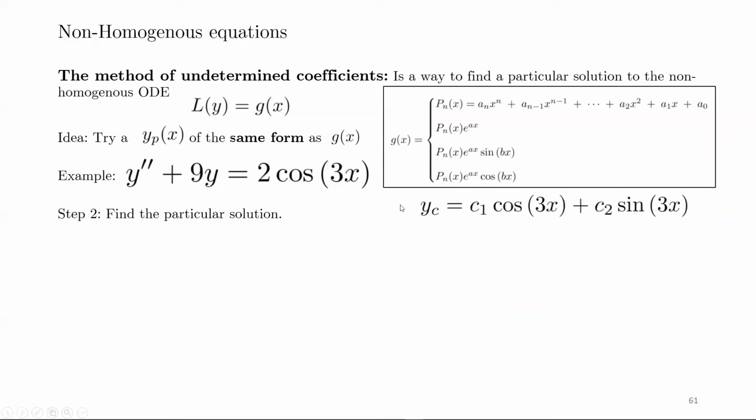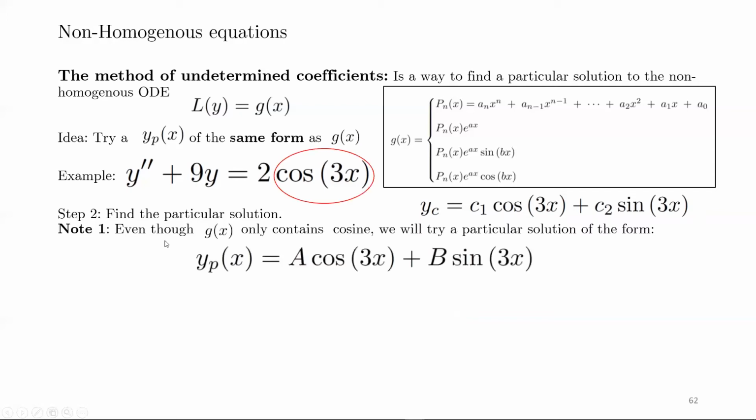So here is my complementary solution to the associated homogeneous equation, where the right hand side equals 0. Even though g of x contains the cosine, we would try a particular solution of the form a times cosine x plus b times sine x. So we have to include the sine term here. Okay, so that's the first note. Just because we have cosine on its own, we still need to include the sine term.